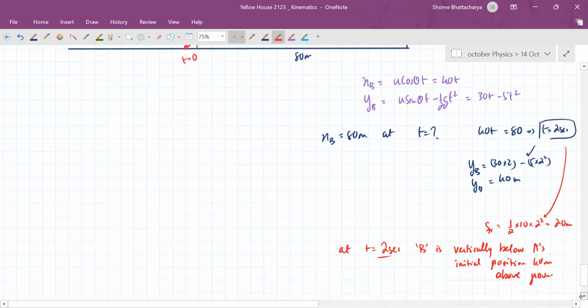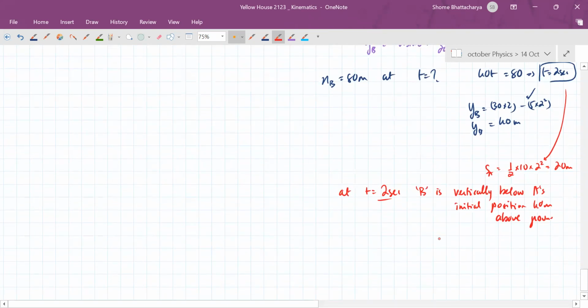And A has dropped 20 meters. So you can see that the magnitude of SA plus yB is 60 meters, so they are at the same position.